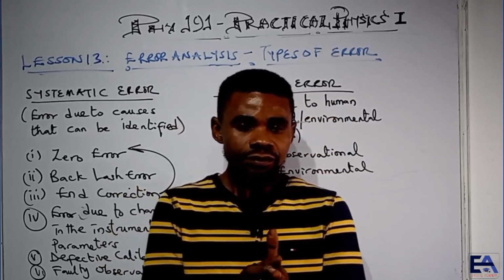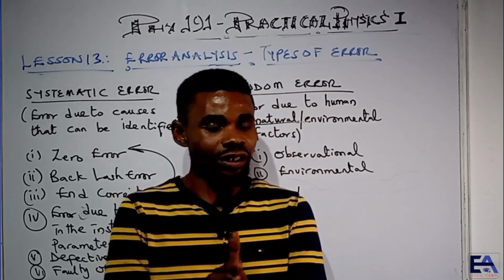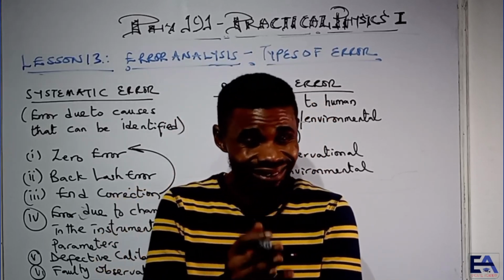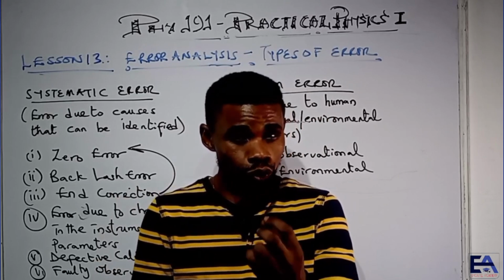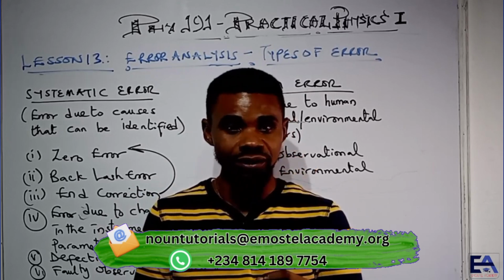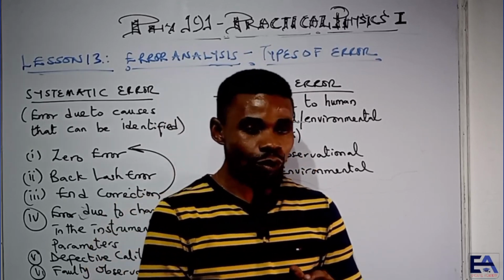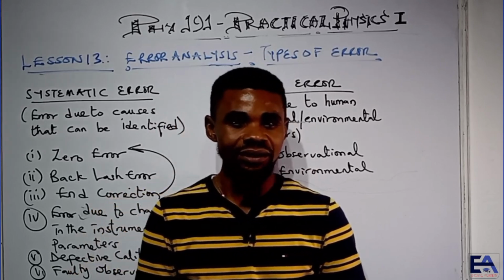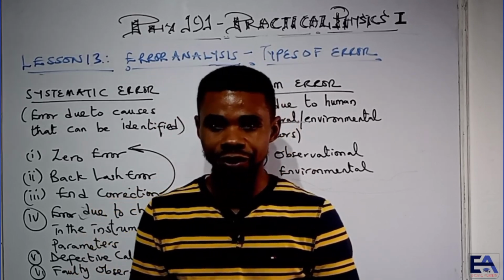So that is why some experiments are done like this: you repeat the same thing up to 2 or 3 times, and then find the average of it before you take the actual reading. So let's say that I want to be so accurate with my readings in the simple pendulum experiment.